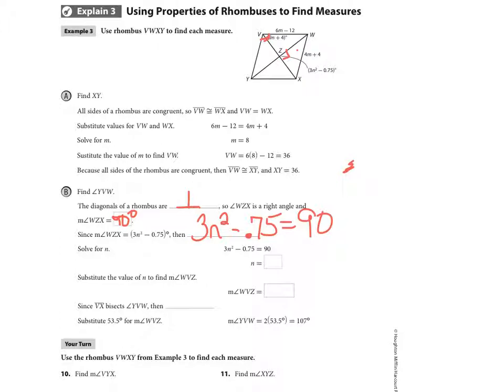and get n equals 5.5. Now, if you need a refresher on how to solve that, we'll talk about it tomorrow in class. And then we can put 5.5 in for n.